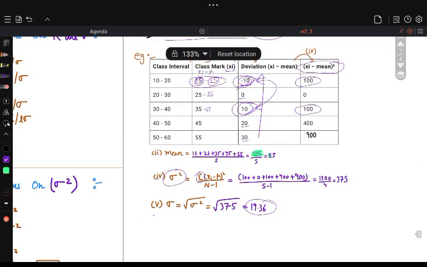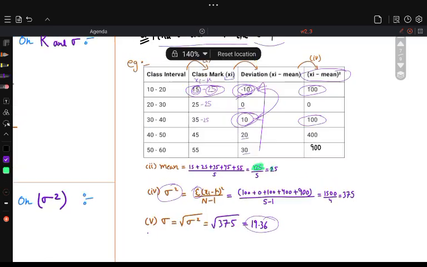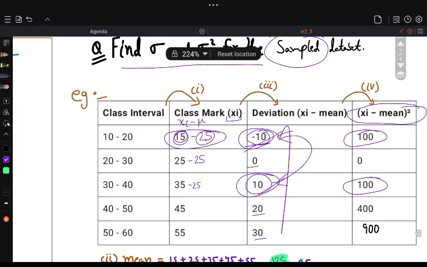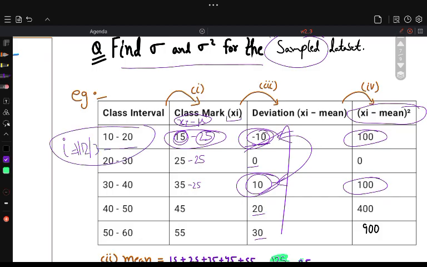So we calculated variance and standard deviation for both of them. See what marked the deviation: first, it marked the deviation as minus 10, xi minus mu. Xi can start from 1, it can be 2, it can be 3, anything. So 15 minus 25 came out to be minus 10. Similarly, 25 minus 25 came out to be 0.